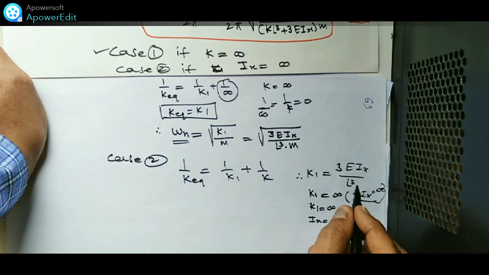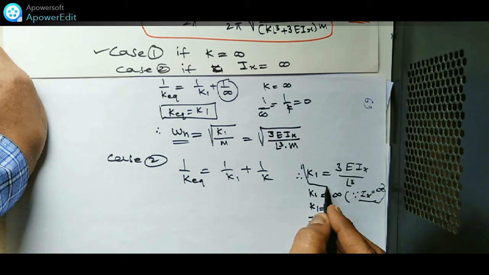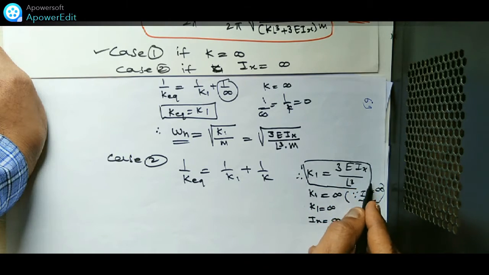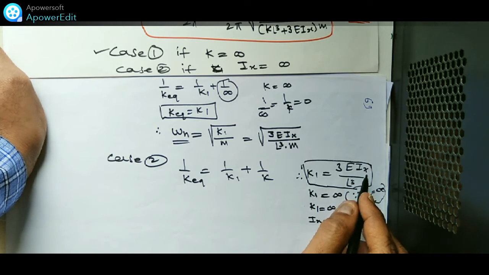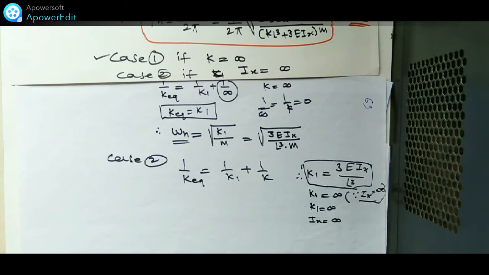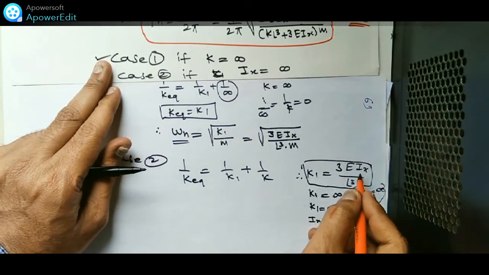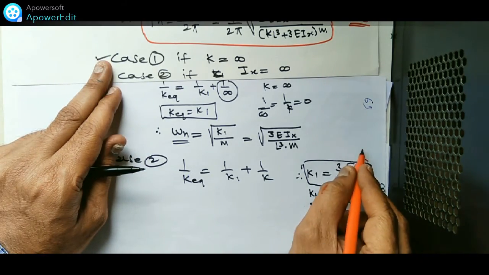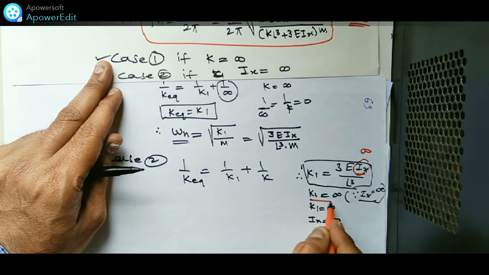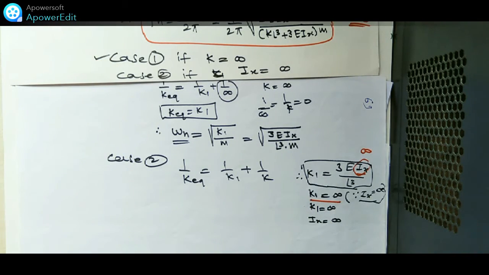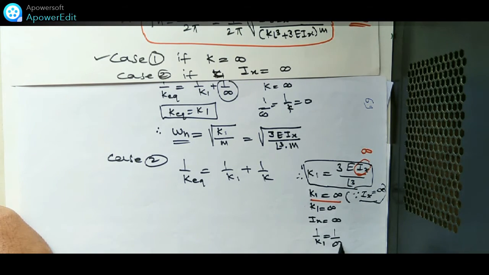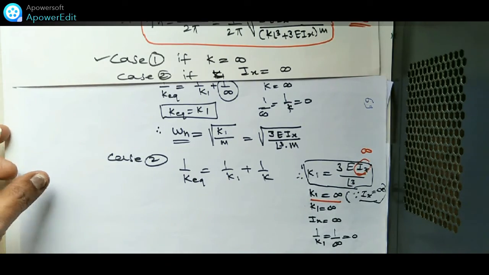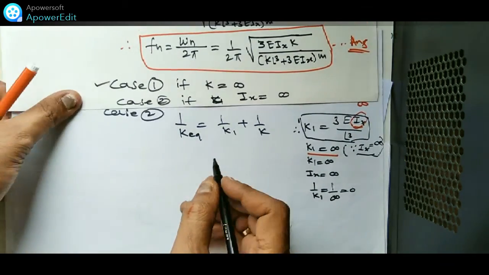See, this is the formula. Just put the value of Ix as infinite here. When Ix is infinite, automatically k1 becomes infinite. So 1 upon infinite is equal to 0. So friend, this term becomes 0.